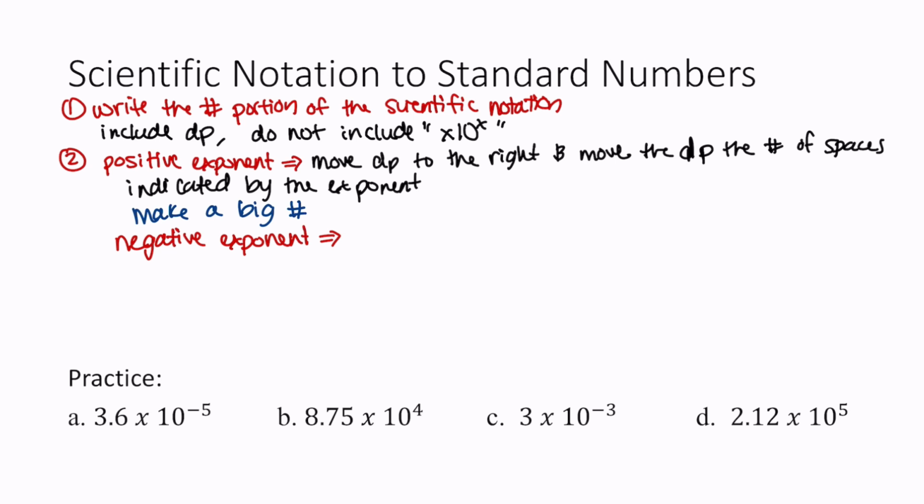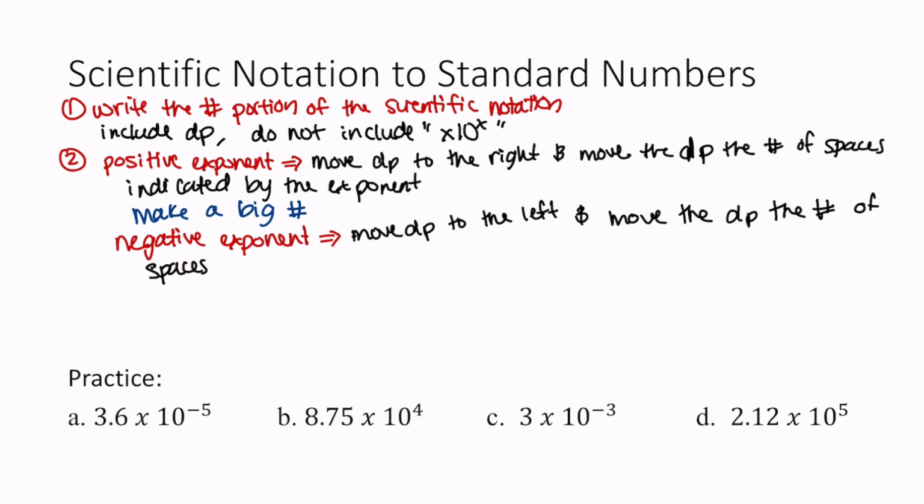then you're going to want to do the same thing as with a positive exponent, but instead we're going to move the decimal point to the left, and move the decimal point the number of spaces indicated by the exponent.